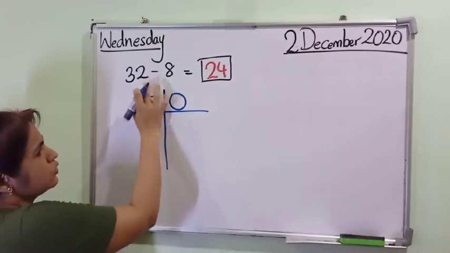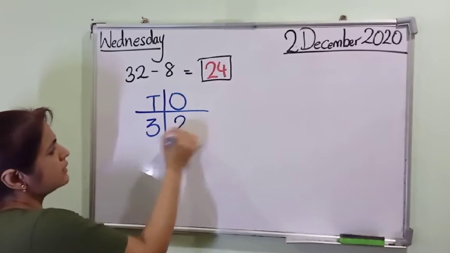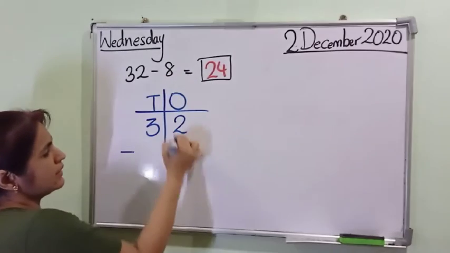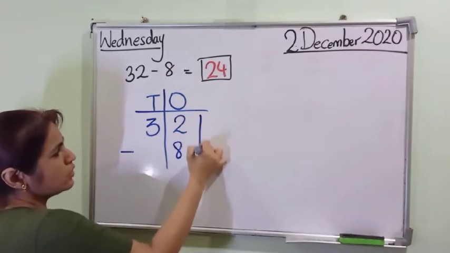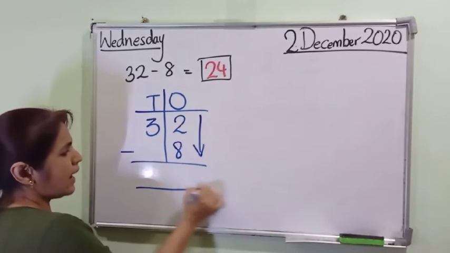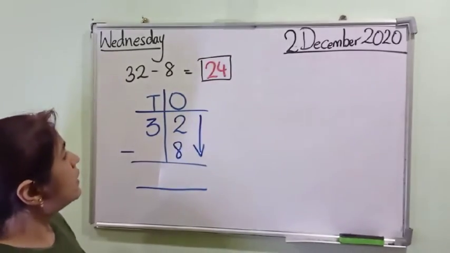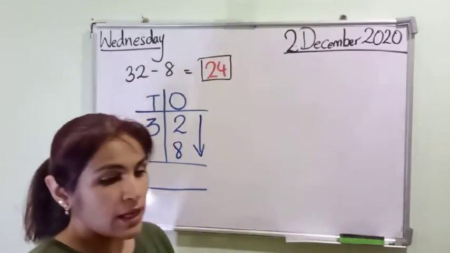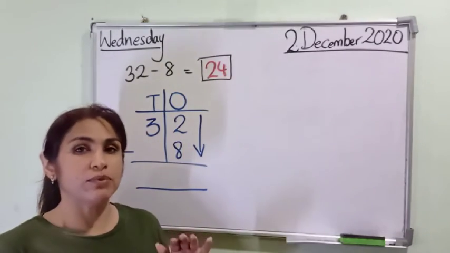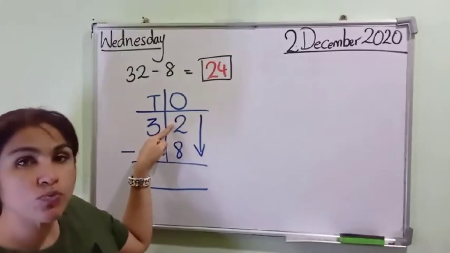That is 32 is 3 tens and 2 ones, minus same level single number 8, drawing an arrow. Okay, now let's sort this out. Let's solve this problem.